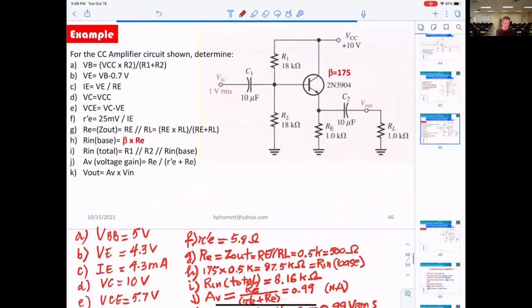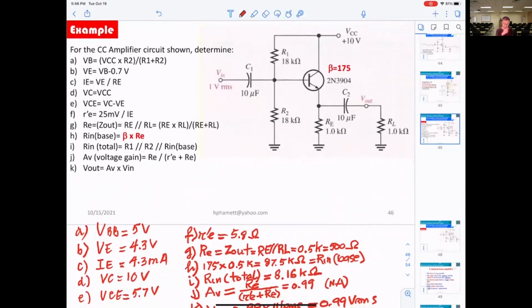Okay, you done it? Okay, so now I'm talking to you about the common collector. Basically, there are three amplifiers: common emitter, common collector, common base.